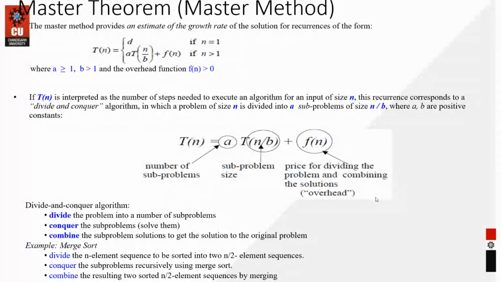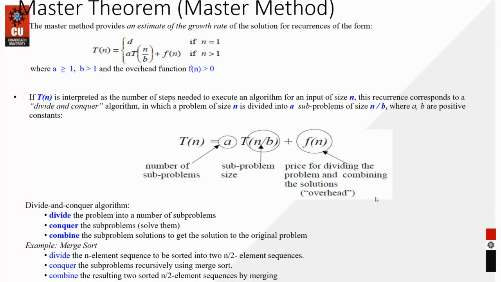You can see that T of n is interpreted as the number of steps needed to execute an algorithm for input size n. This recurrence corresponds to a divide and conquer algorithm in which a problem of size n is divided into a sub problems of size n by b, where a and b are positive constants.